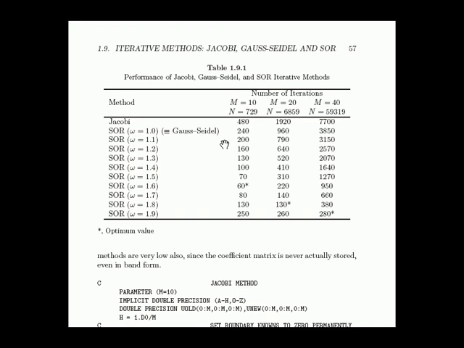There's a 6 down the diagonal and minus 1s scattered around, and it is symmetric. So the diagonal is all 6s, which means it really doesn't do any good to multiply by D inverse. That's the same as multiplying by the identity. So this is basically just the normal conjugate gradient method.